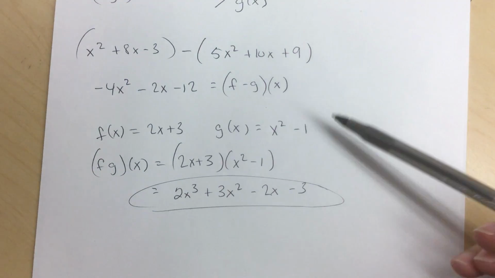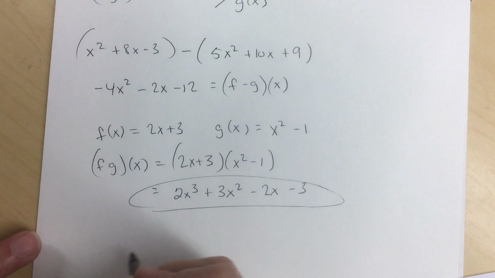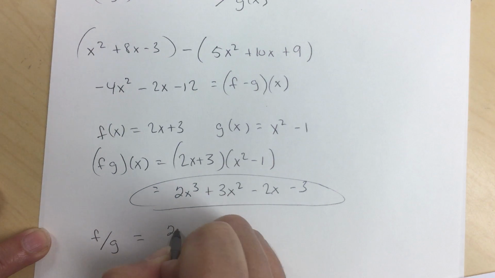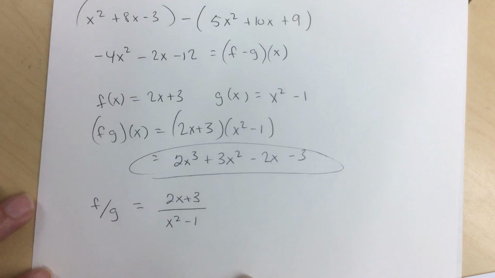Now, when you have division, you have to then state your new domain. On all of these, the domain so far has been all real numbers. So when you add them or multiply them or subtract them, your domain is still all real numbers. But if we do f divided by g, then that's 2x plus 3 divided by x squared minus 1.